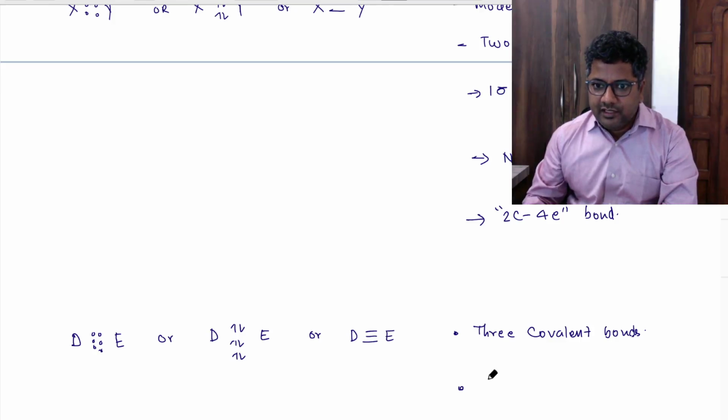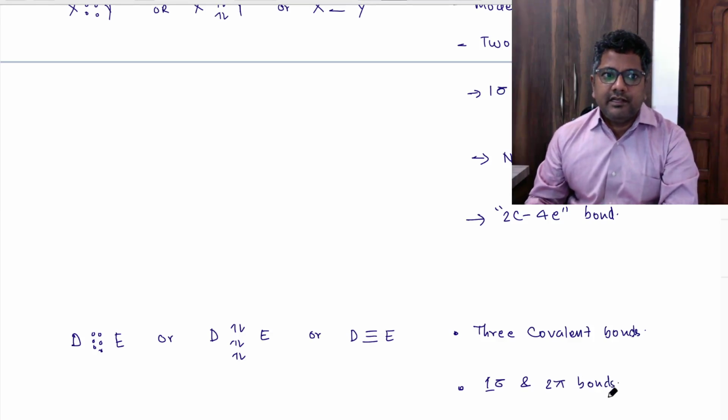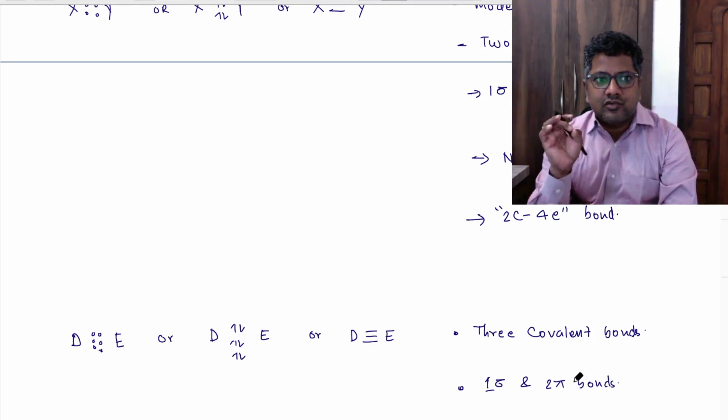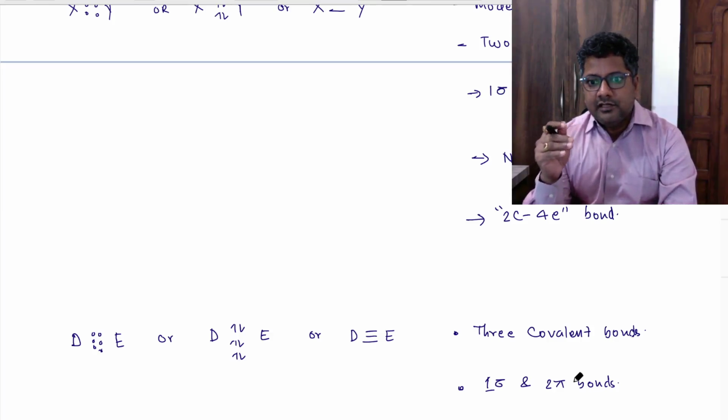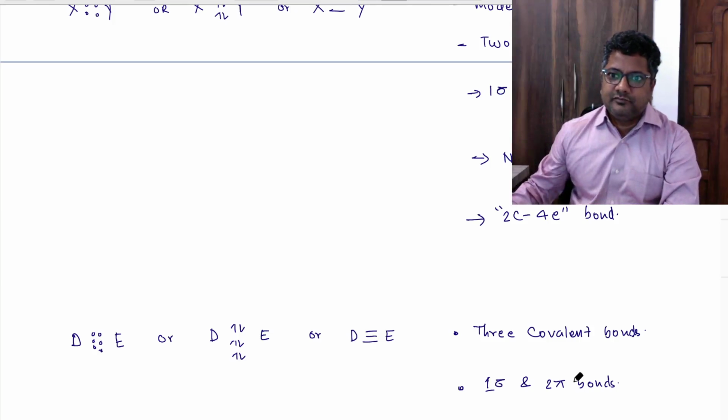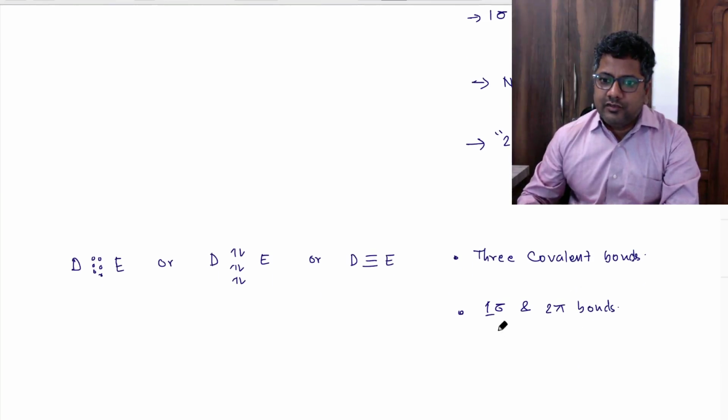Answer is no. Here is one sigma and two pi bonds, right? And this is true always. If there is a triple bond between two atoms, then there must be one sigma and two pi, right? So this is true in triple bond always.